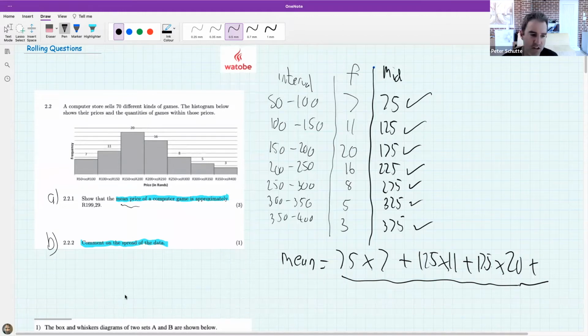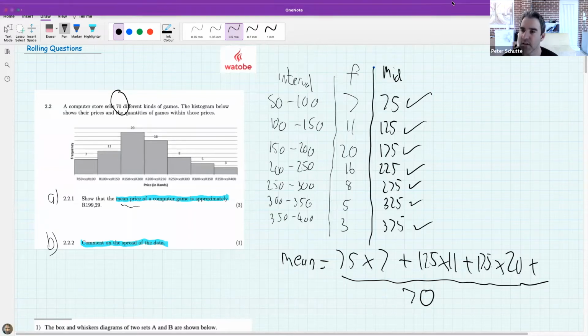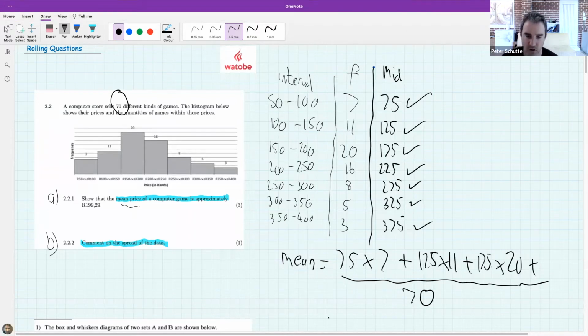But then I still need to divide by something in order to get the mean. The total number of items, and what's that going to be? It's going to be 70, the total of the frequency column. So divide by 70. And so you should then get about 199.29. We call that the estimated mean.